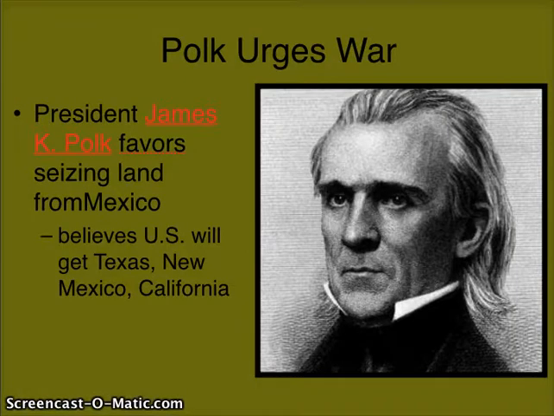Now, Polk not only wanted Texas to be a part of the United States, but he is now looking further. He actually wants to go to war with Mexico so that America can gain even more land such as New Mexico, California, possibly Arizona, these areas.